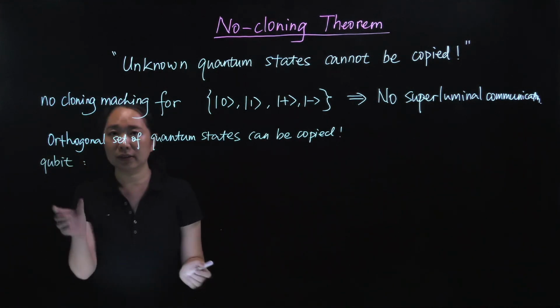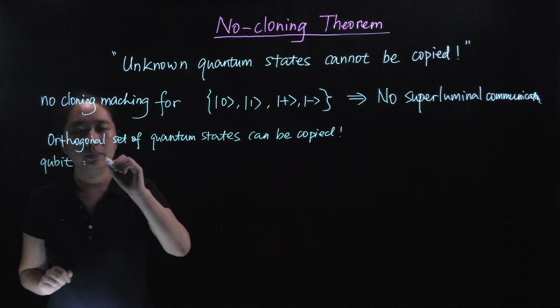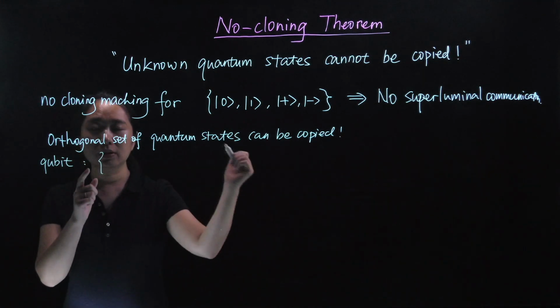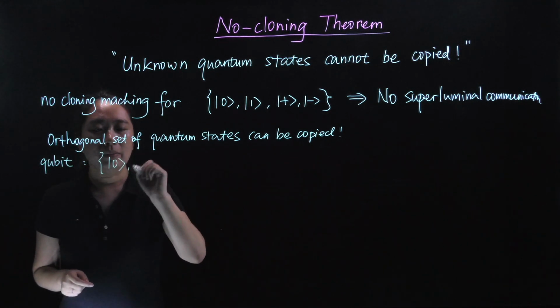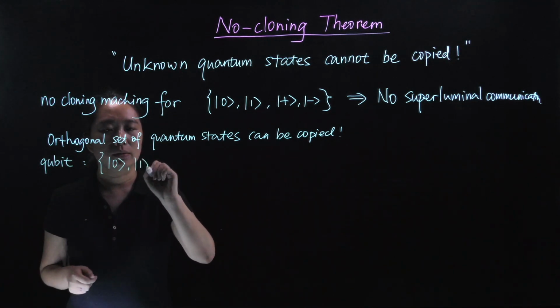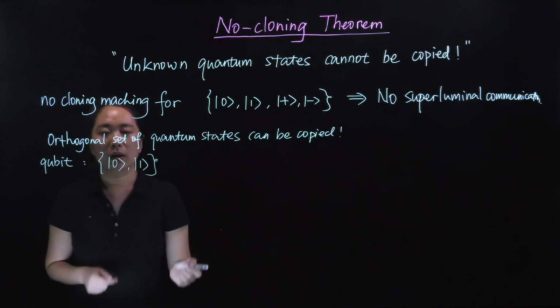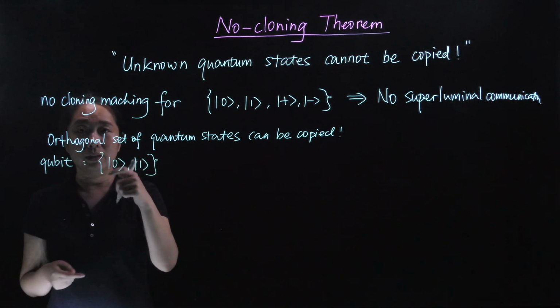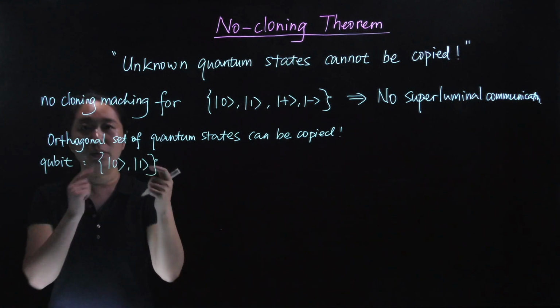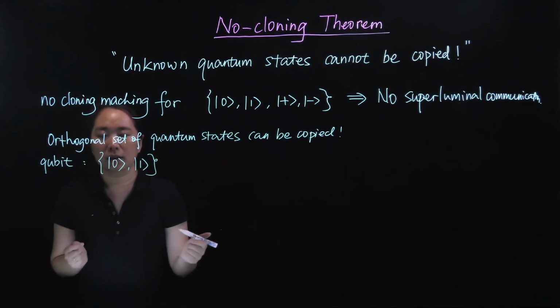So we look at this with the example of a qubit. In the case of only a qubit system, the orthogonal set can only have two members. We label them by state 0 and state 1. They can actually be any set of orthogonal states, like plus or minus. It doesn't matter what the 0 and 1 represent here.